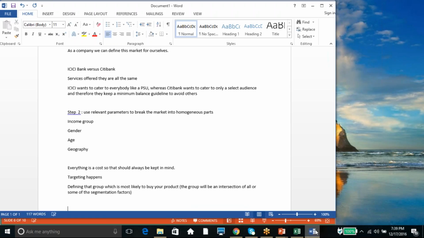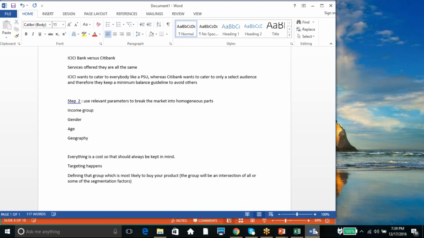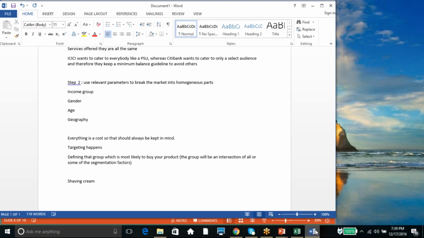Let me take an example. Suppose I take shaving cream. Now using gender here is no use because we're primarily doing it for the males. But maybe we'll take age 20 to 30, 30 to 40, 40 to 50 and so on.